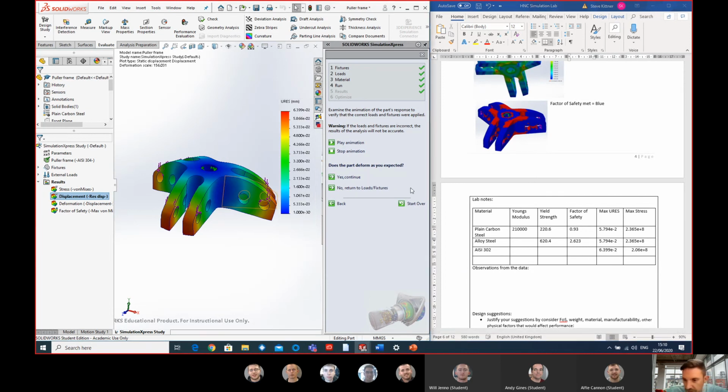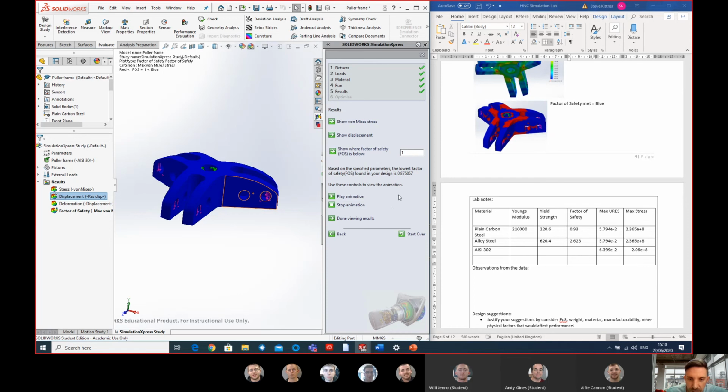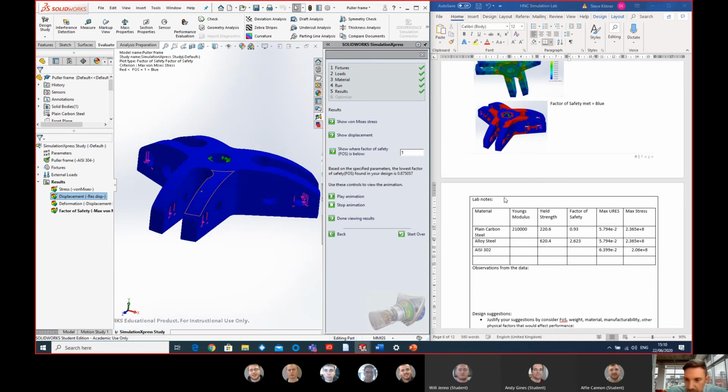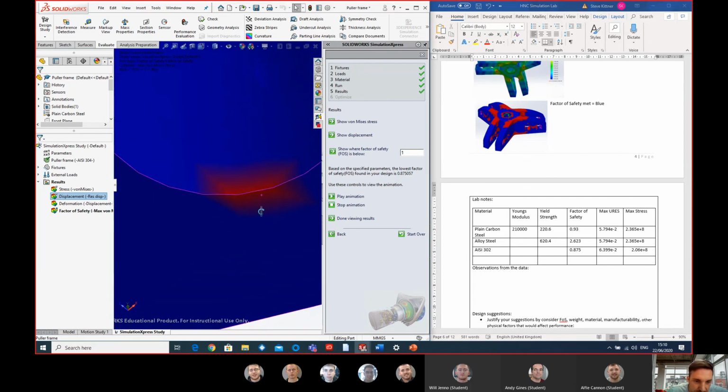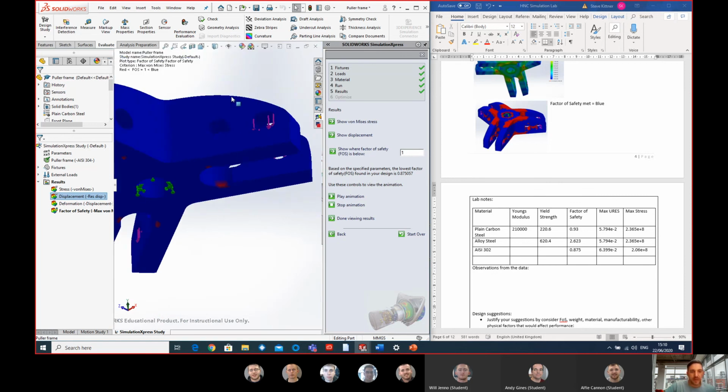And let's see what our factor of safety is. So factor of safety is lower now. 0.875. And if we look underneath, yeah, those same little areas are red.